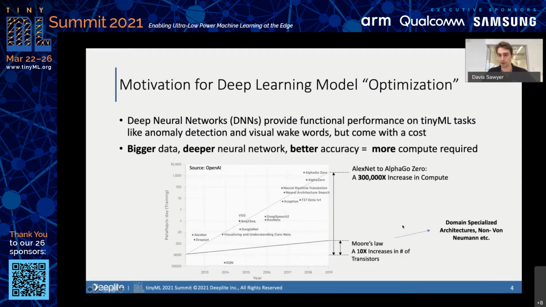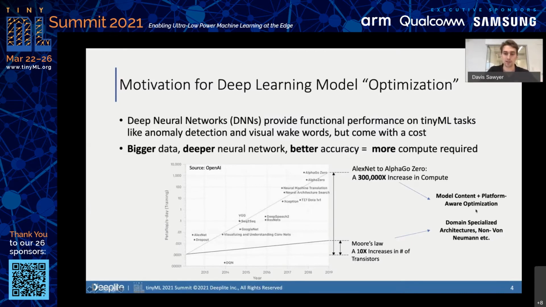A great theme from this talk series has been domain specialized architectures, how we can do very interesting, sophisticated tasks with incredibly low power silicon, which is great. At the same time, coming from the other direction, how do we solve this fundamental issue of big, deep, intensive, over-parameterized models in the first place?